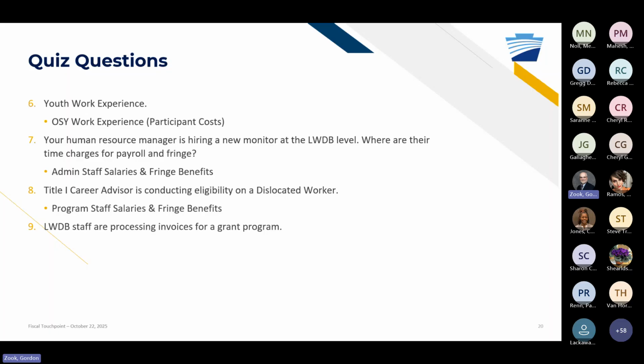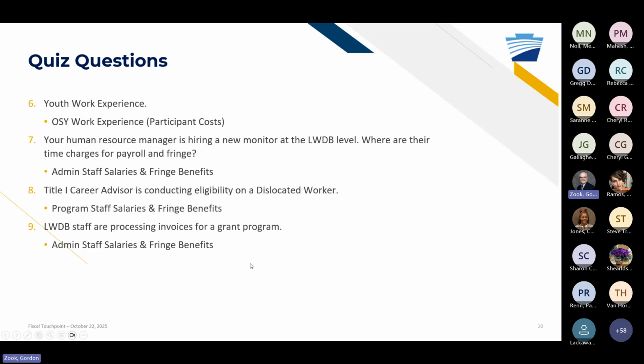LWDB staff are processing invoices for a grant program. Okay. So here we're talking about the staff costs. So this would be admin, staff salaries, and fringe benefits because it meets one of those definitions of administrative activities from the WIOA legislation.